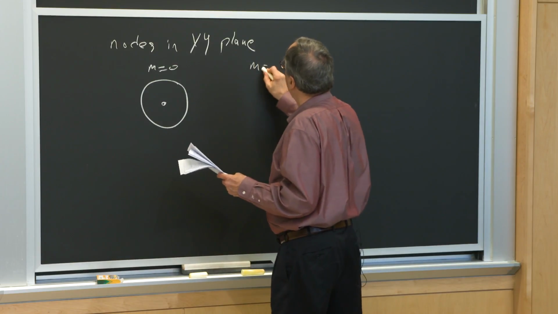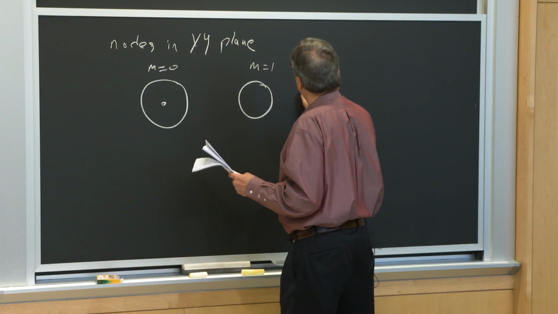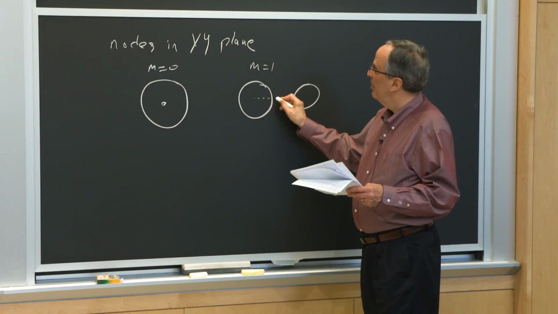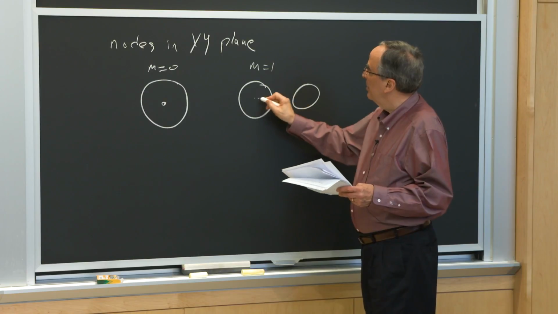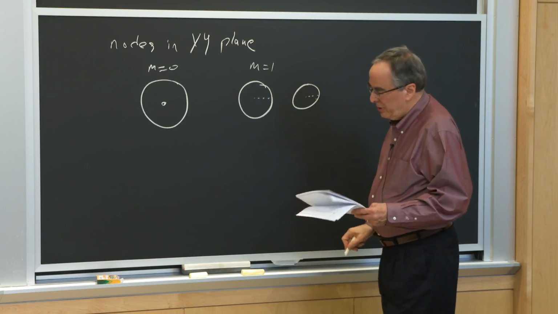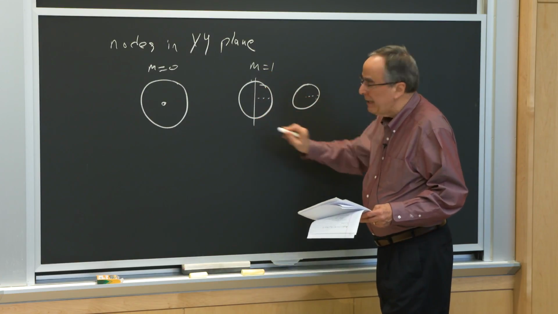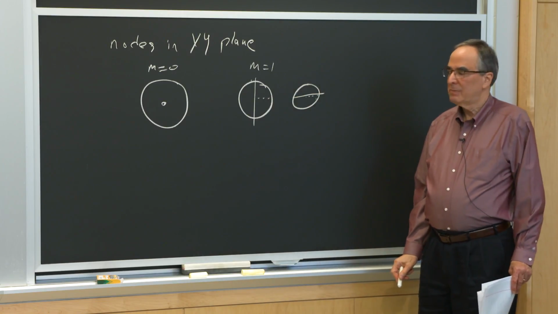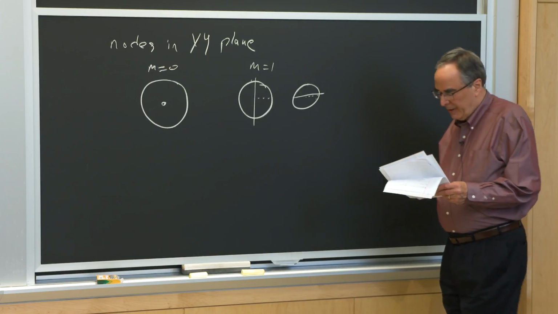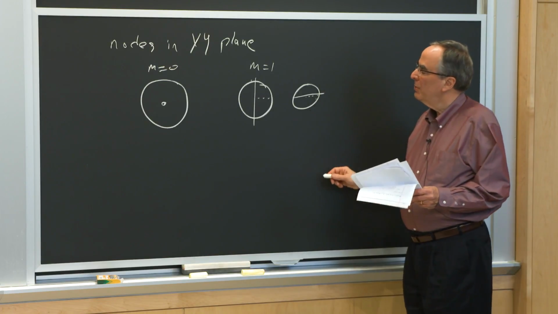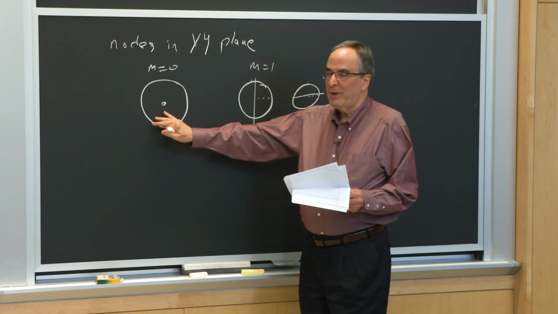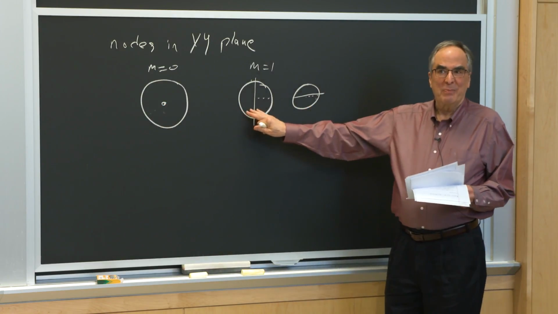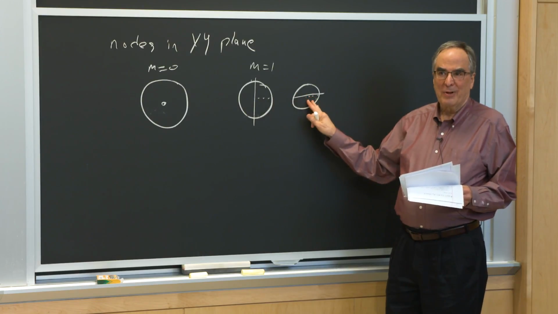For m equals 1, first of all, let's draw where phi is 0. So this is phi, and there can be a nodal plane like that, and there could be a nodal plane like that. And already, this looks like an s orbital, and this looks like a px orbital and a py orbital.